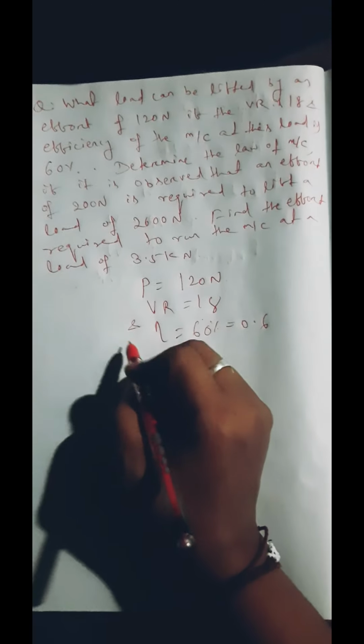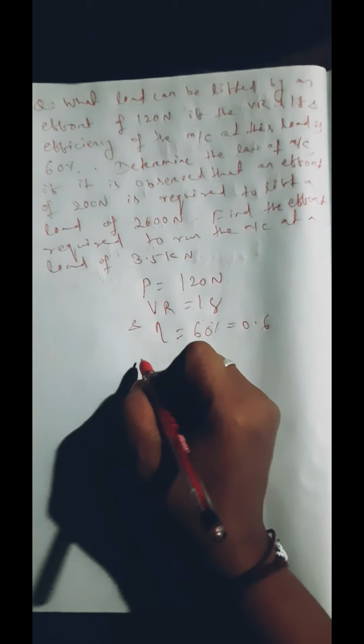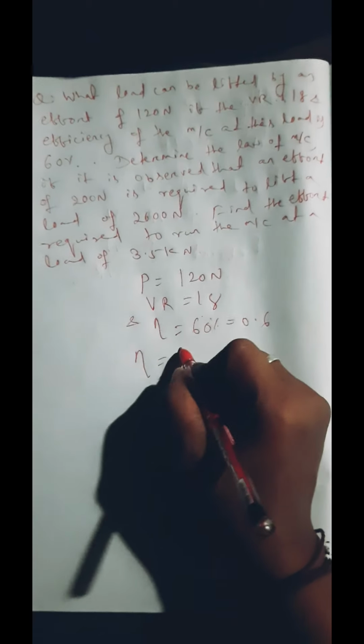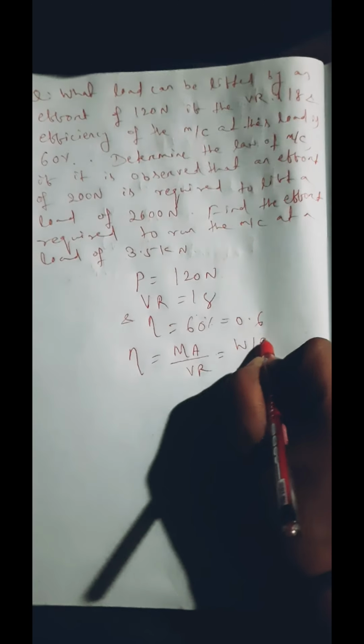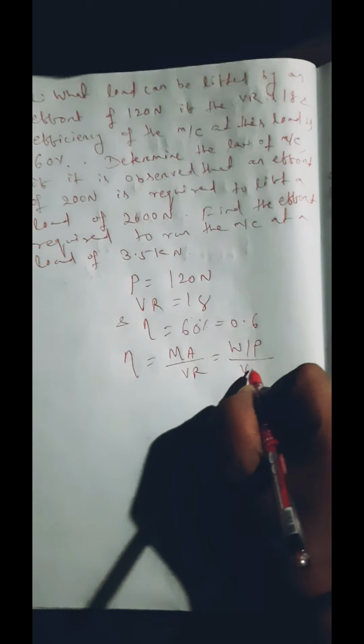So here first it is asked that we have to find out the load when effort is 120 Newton and velocity ratio is 18 and efficiency is 60%, that is 0.6. So we know how we can find out the load. What is the value of efficiency? It is mechanical advantage by velocity ratio, that means W by P, that is load by effort divided by velocity ratio.